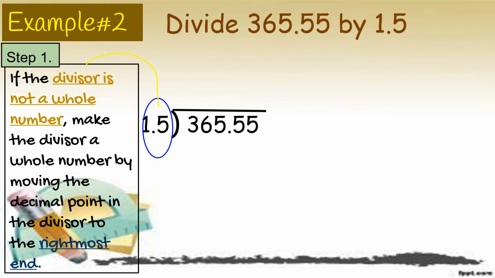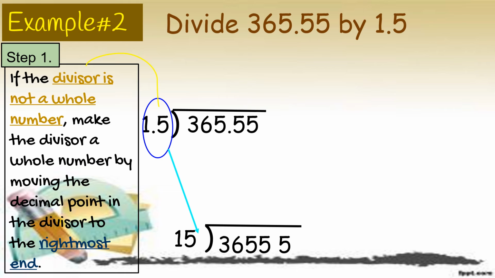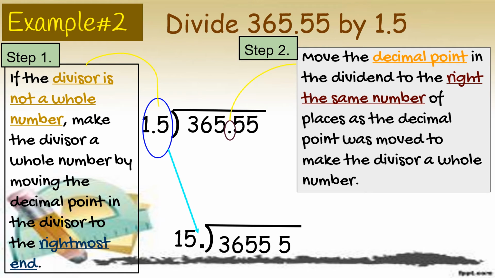So we have here 1.5. If we will move the decimal point to make this number a whole number, we'll move once to the right side. So it will become 15. Step 2, move the decimal point in the dividend to the right, the same number of places as the decimal was moved in the divisor.